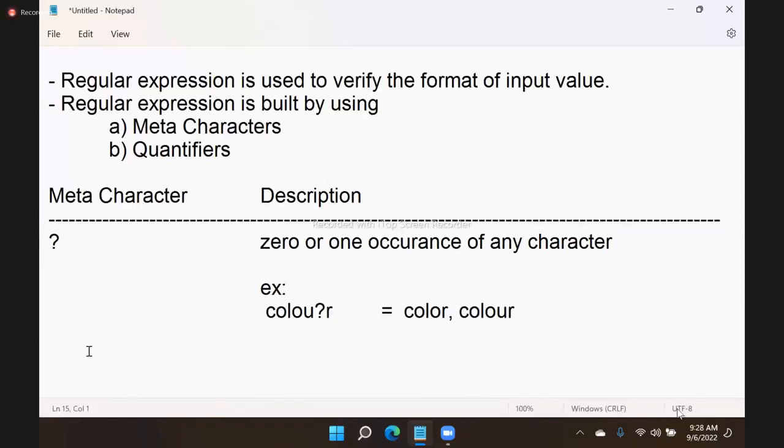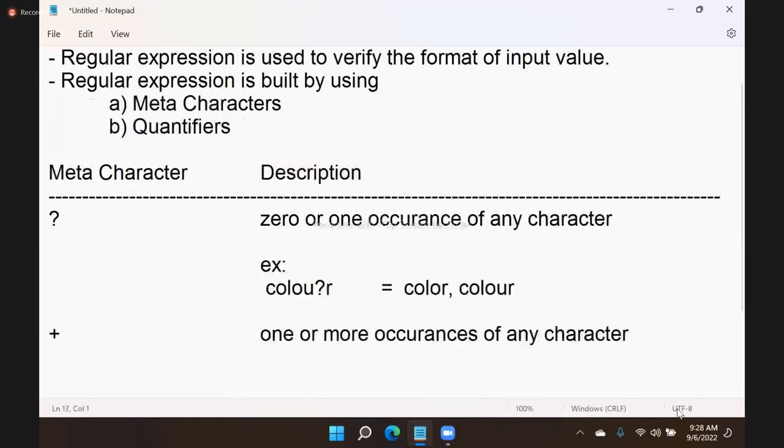Next important, we have another meta character, plus. This indicates 1 or more occurrences of any character.